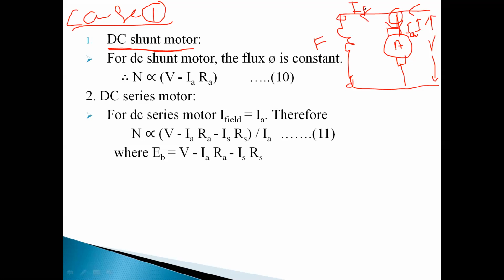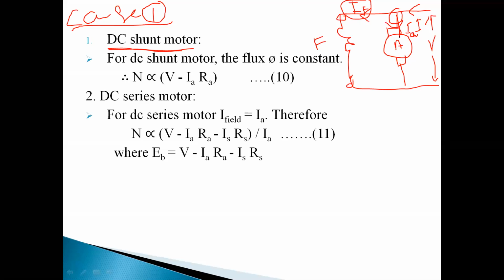In a shunt machine, the field current is independent of load. The motor takes current depending upon the mechanical load on the shaft. If the mechanical load on the shaft varies, the current taken by the motor changes.